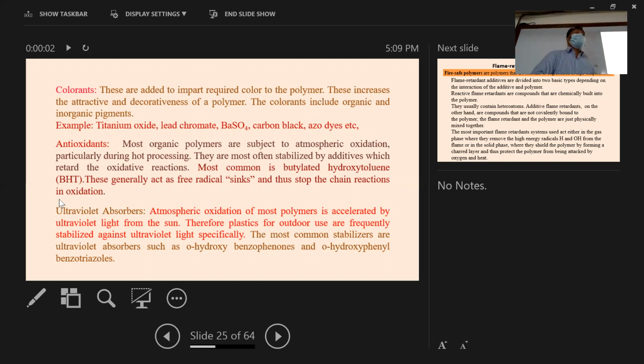So, if you can add some materials which do not participate in the reaction between oxygen and that material, sometimes we can add some catalyst for the reaction. So, if you add a catalyst, we can have two different types, positive catalyst and negative catalyst.